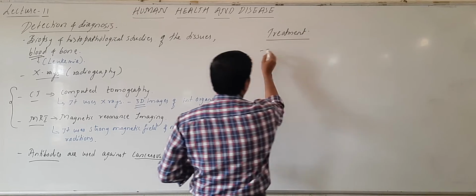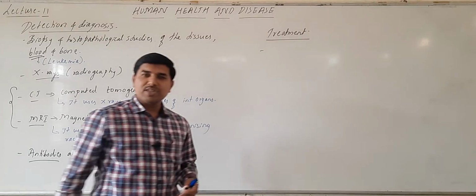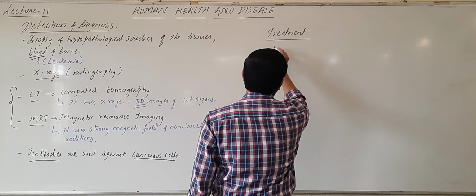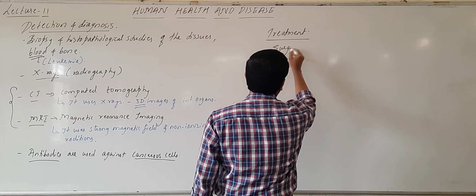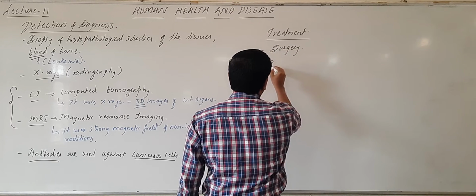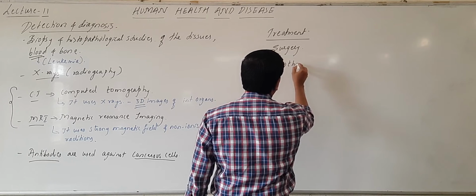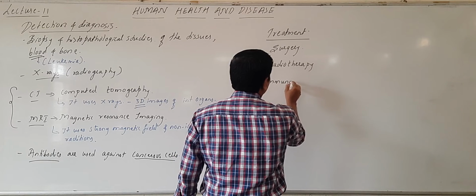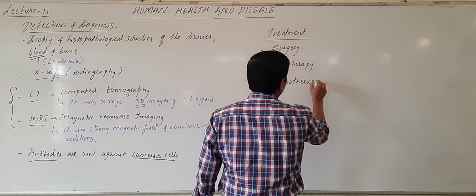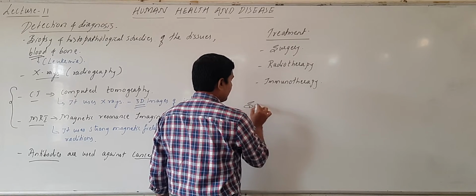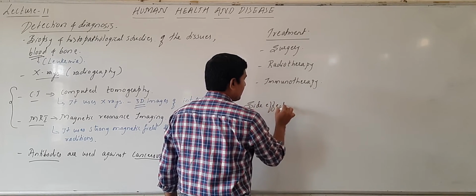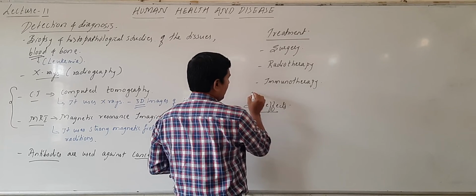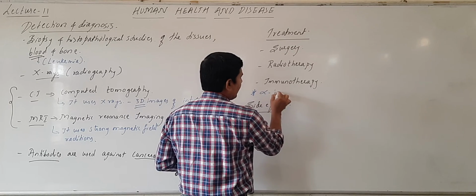For the treatment, what are the procedures that we are going to follow? So here we have one is surgery, radiotherapy, immunotherapy, chemotherapy, and apart from that we have a modified interferon called alpha interferons.